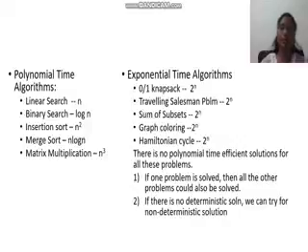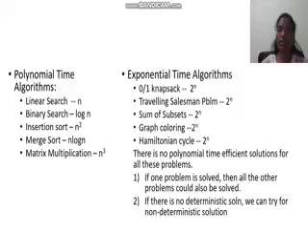Now here there is a list of algorithms that work in polynomial time, and another list of problems that work in exponential time. Searching, sorting and matrix multiplication, the running time of these algorithms could be n log n, n square, and so on.